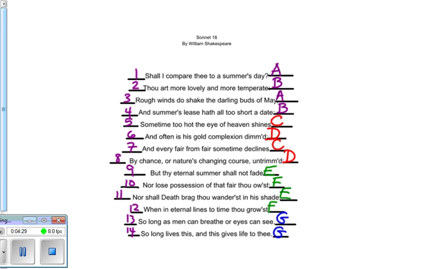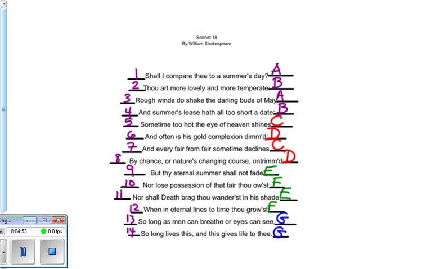We can break this sonnet up into sections that are equal parts. Those of you who take Spanish probably know the numbers, and the number 4 in Spanish is cuatro. So you can divide these lines up into 3 sections of 4 lines each.